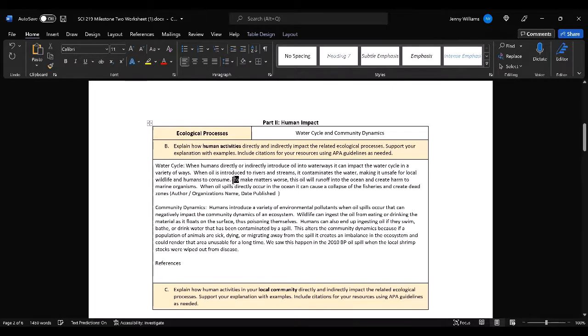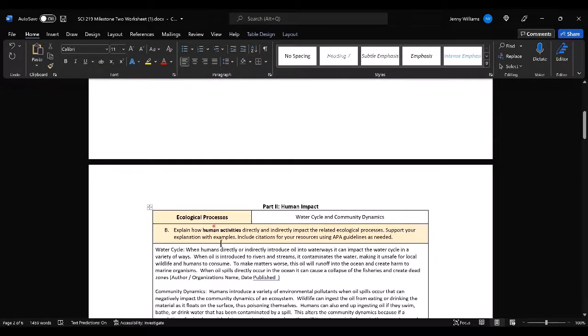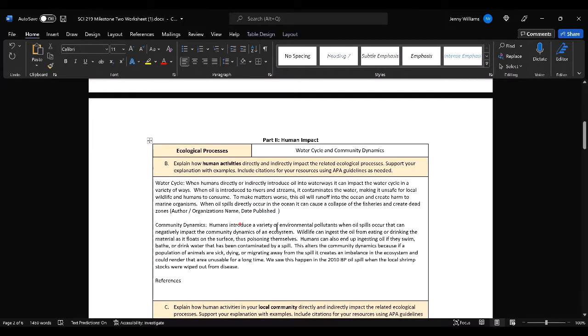All right, so if you look at this, I say when humans directly or indirectly introduce oil into waterways, it can impact the water cycle in a variety of ways. And then I talk about what happens when these things are introduced, so the negative things that happen. Then I talk about how humans, because they've introduced a variety of environmental pollutants with these oil spills, can negatively impact the community dynamics.